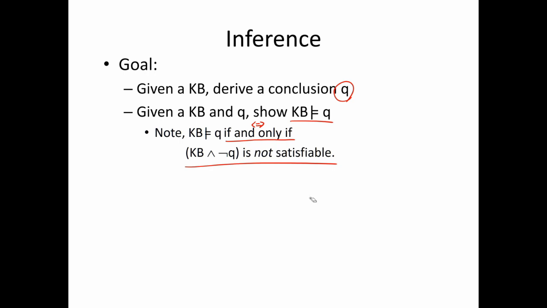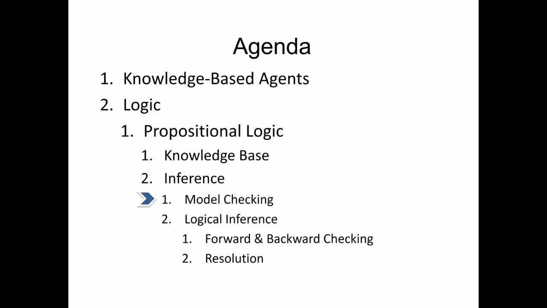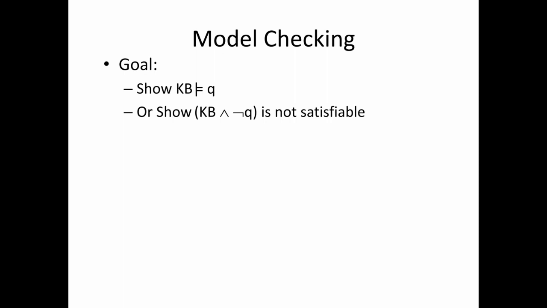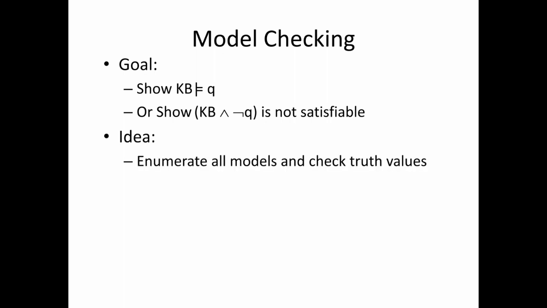Let's look at how we actually prove this. We're going to look at model checking and logical inference. And model checking is quite straightforward. Again, the goal is to show that the knowledge base entails Q, which can also be done by showing that there's no world in which knowledge base and not Q is true. And in model checking, this is done by building a truth table that enumerates all possible worlds.